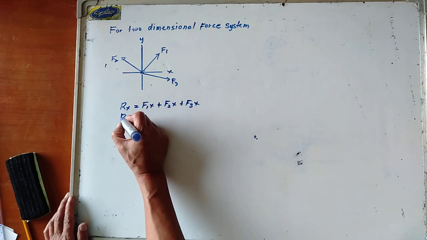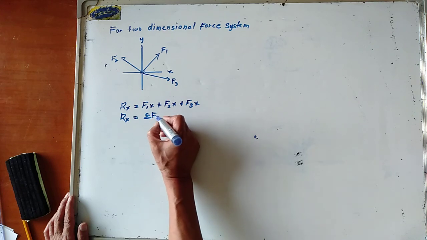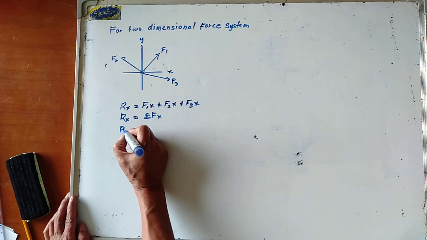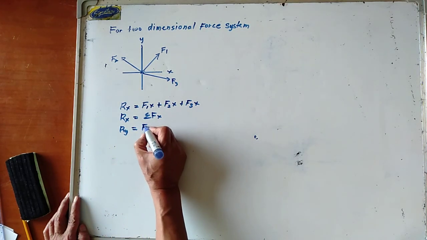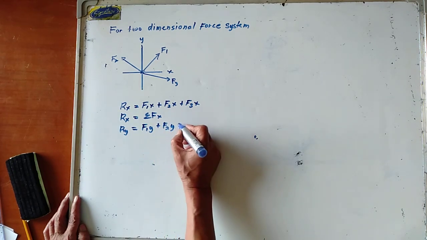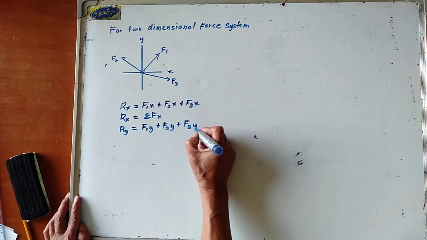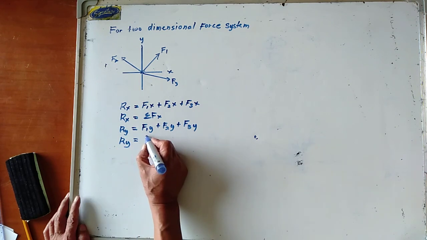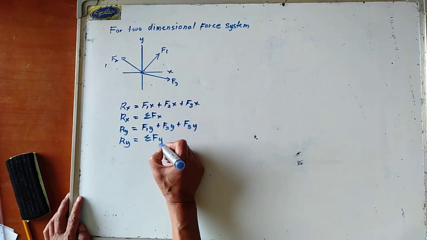Again, Rx is equal to the summation of forces in the x direction. Your Ry is equal to F1y plus F2y plus F3y. In other words, Ry is equal to the summation of forces in the y direction.